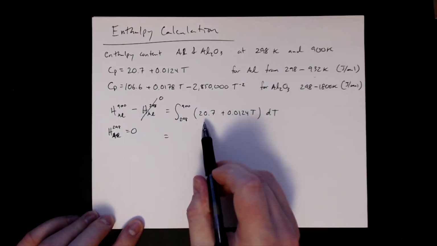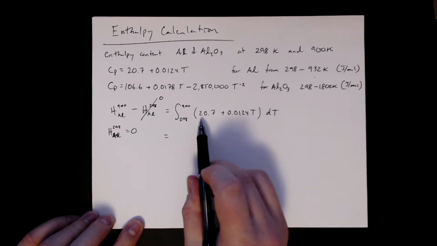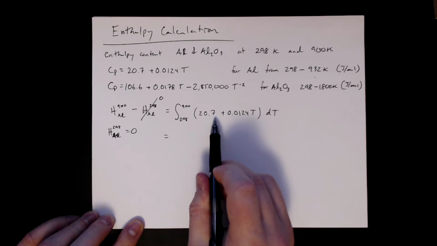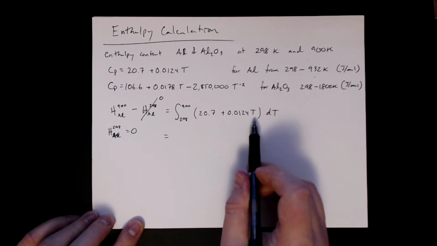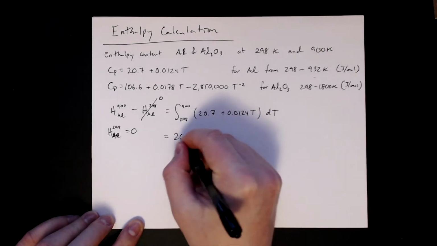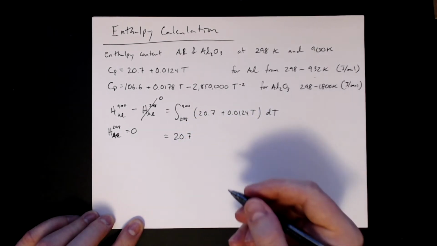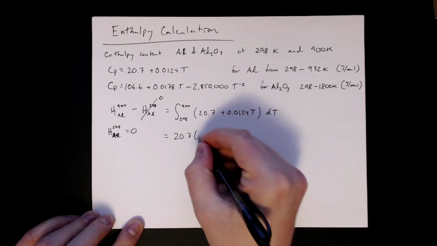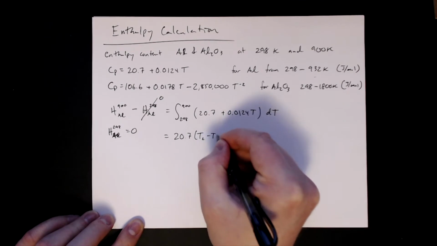If we solve for that, we have two terms when we're taking the integral. We've got the constant 20.7, and then we've got this term in terms of T. When you're dealing with a constant, it's going to be 20.7 times T at both those temperatures, so it ends up being T2 minus T1.